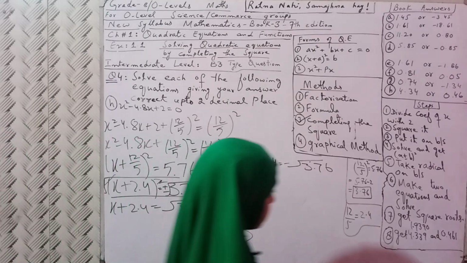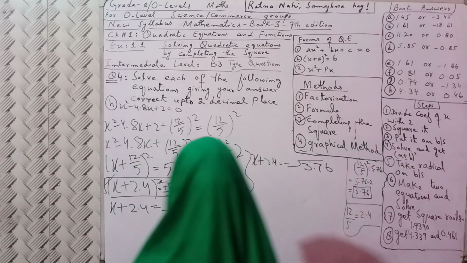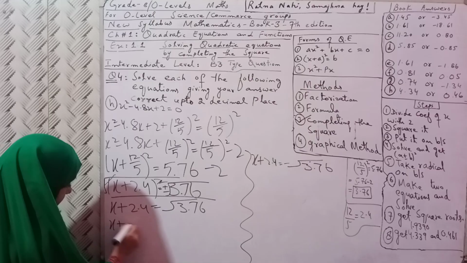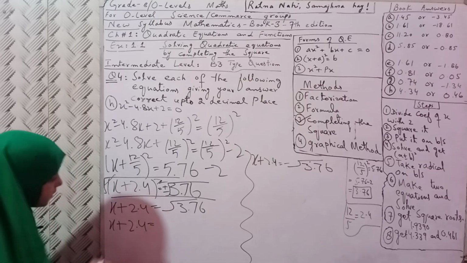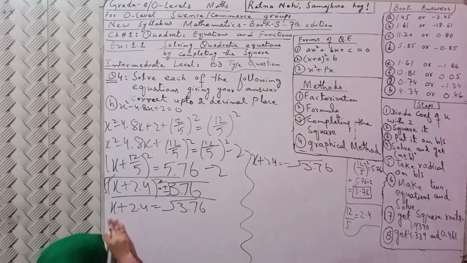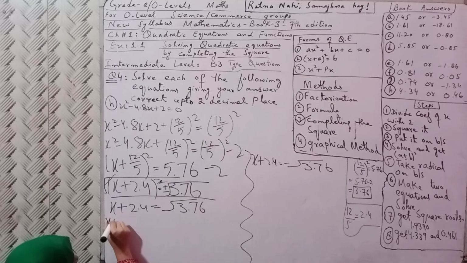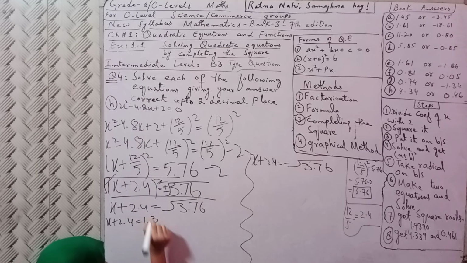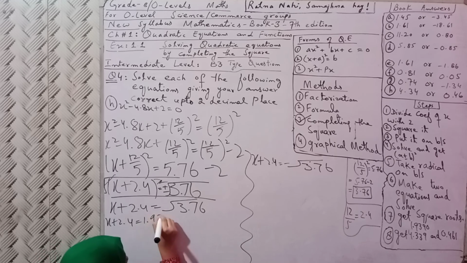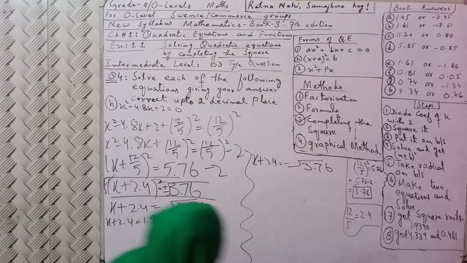Now, get the square root. So, here will come x plus 2.4 is equal to 1.9390.